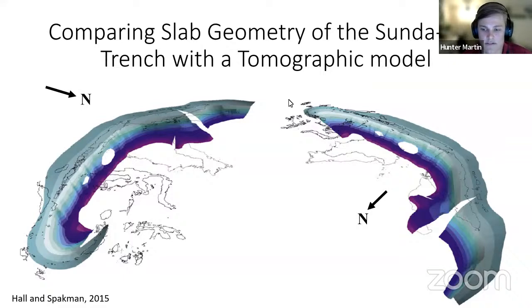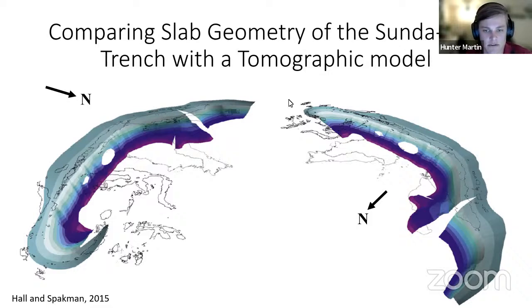Along Sumatra, the geometry from the model is very similar to what can be observed in the seismic profiles from shallow to intermediate depths. The model here suggests a tear in the slab beneath northwest Sumatra, where it extends to relatively shallow depths. This tear may be visible in the seismic profile A to A prime, where we saw a slight bulge in the profile.